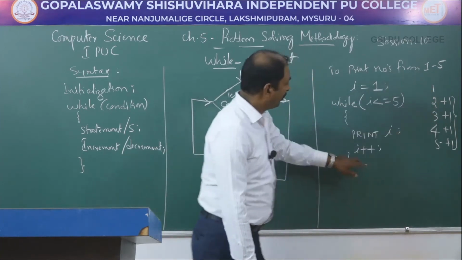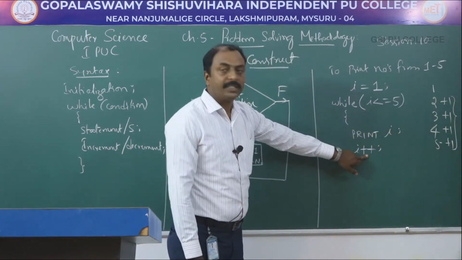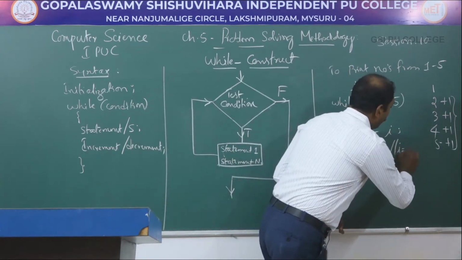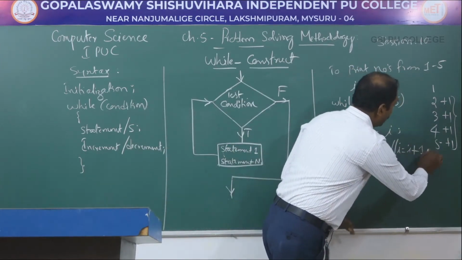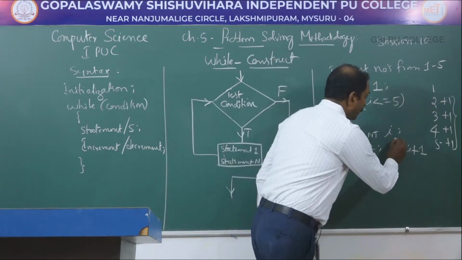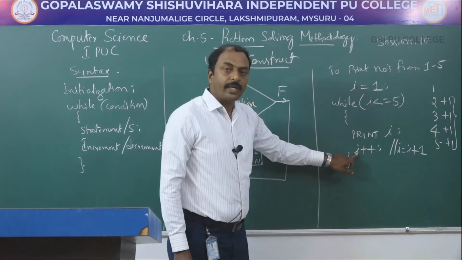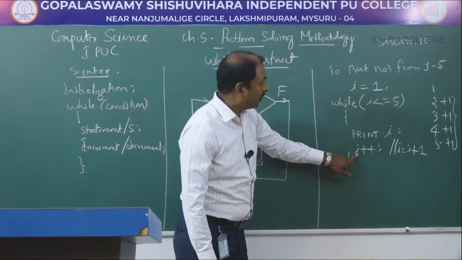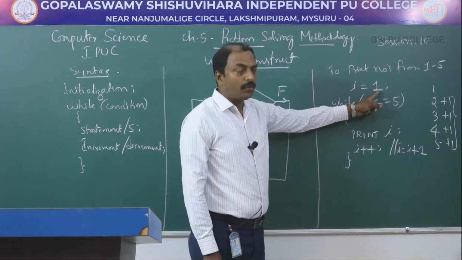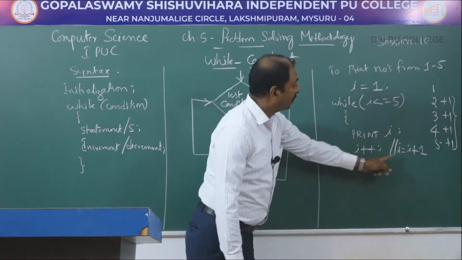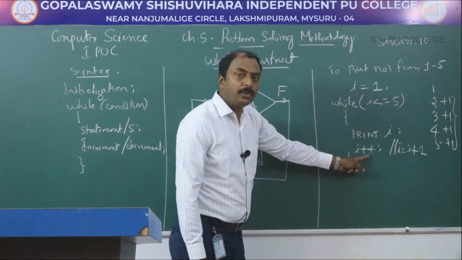After printing 1, because of this increment statement i++, the meaning is i equals i plus 1. i plus 1 means we are adding 1 to the existing value of i. So at this stage, at the beginning the value of i equals 1, after printing 1, because of the statement, the value of i becomes 2.